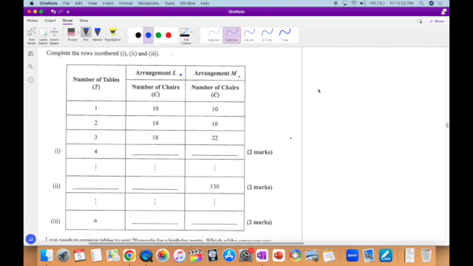Let's go with the arrangement L. For the number of tables 1, 2, 3, the number of chairs for arrangement L is 10, 14, 18. And let's just see. We have n here, 2 and 3.